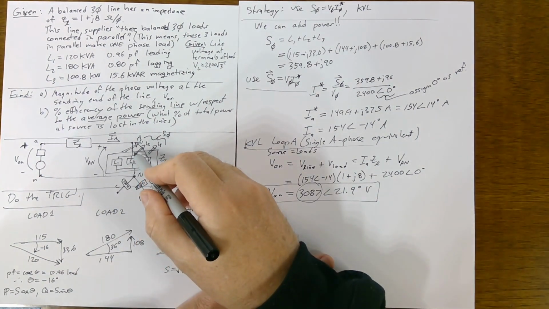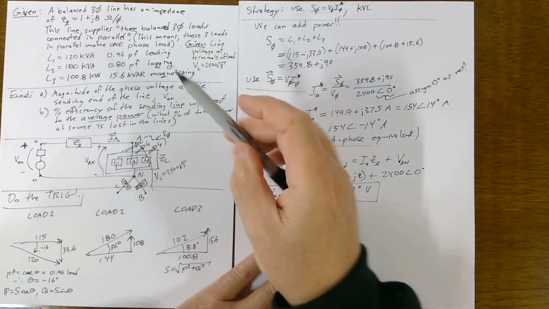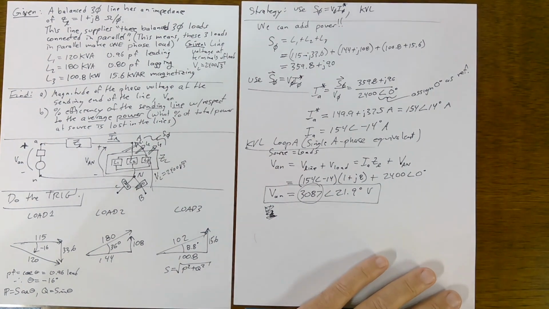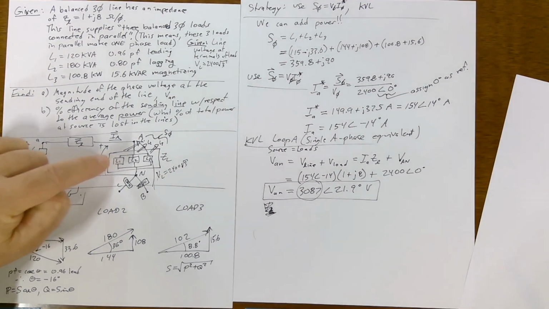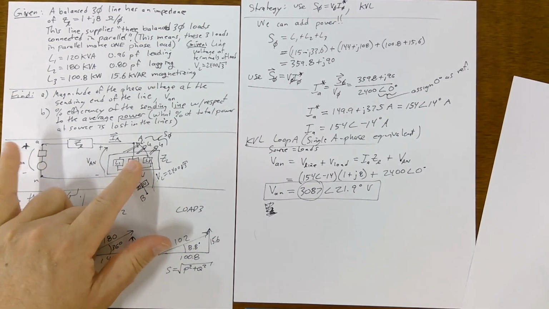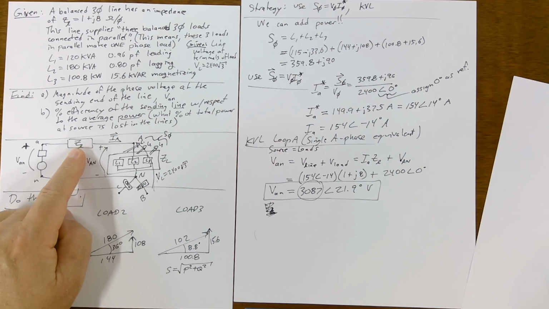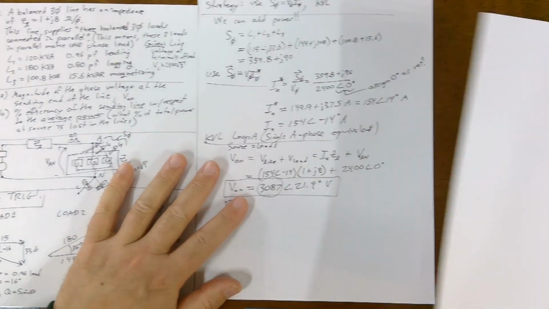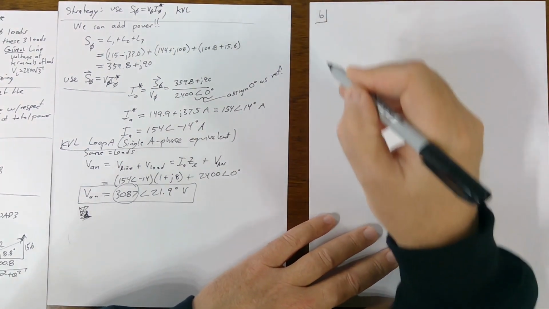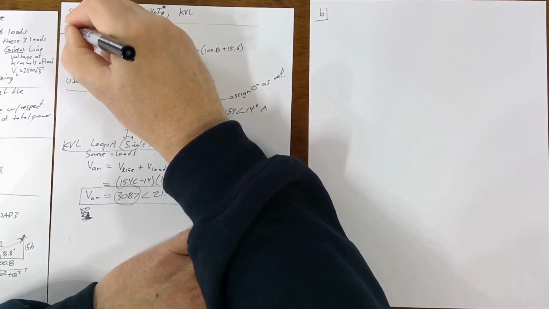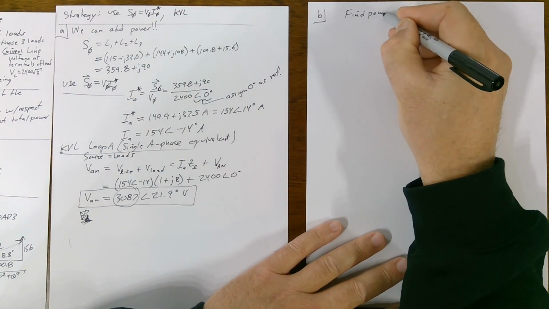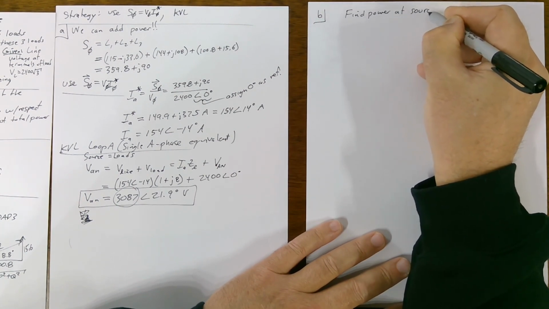We sort of have that, because we have the power at the load. If we had it at the source, then any difference between the two powers must be lost here. That's the thing to realize. So for part B, we need to find the power at the source terminals.